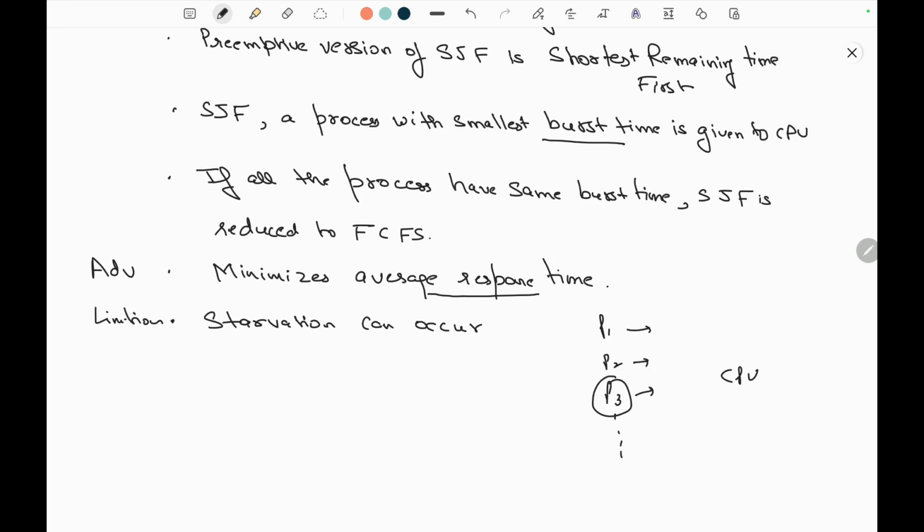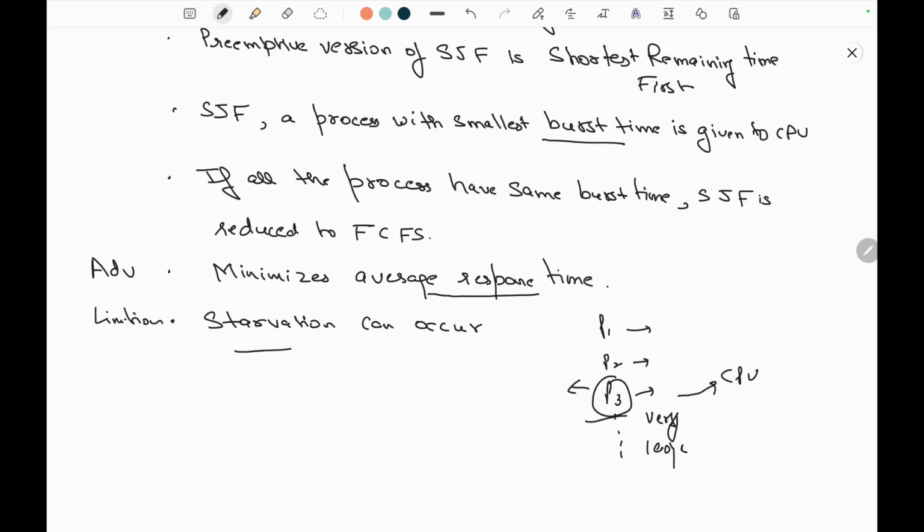If the burst time of P3 is very large, and all the new processes being generated have short burst time, then every time the smallest burst times are being executed, and the process with the large burst time will not be given the CPU, and that may lead to starvation. So starvation can be considered as a limitation of shortest job first algorithm.